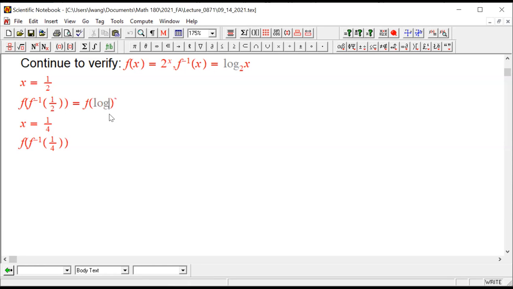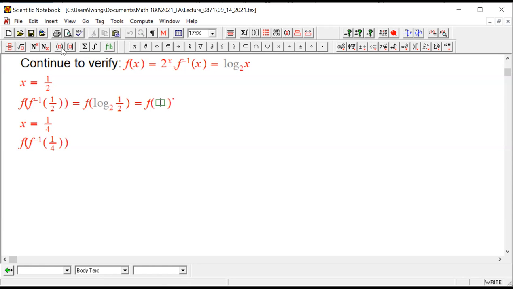You are absolutely right. So this is log base 2 of what? For f inverse over here, you just substitute x by half. So this input is half. You can also go with the machine. Then f of log base 2 of half.